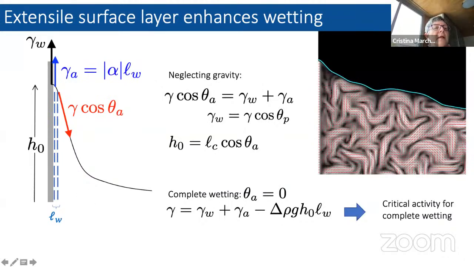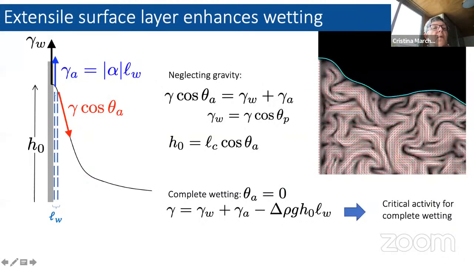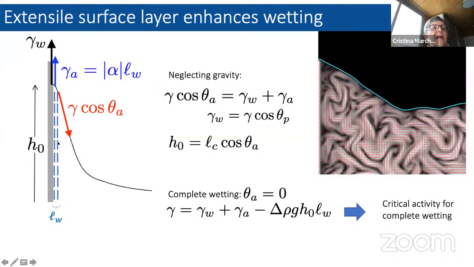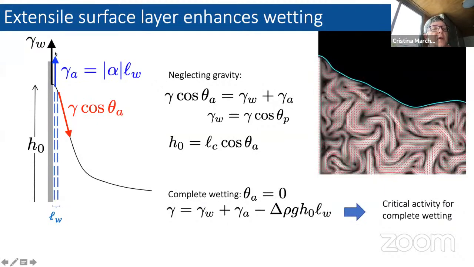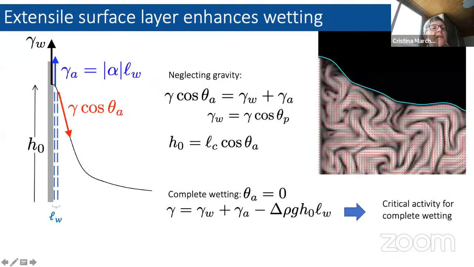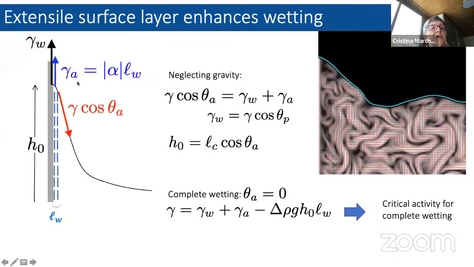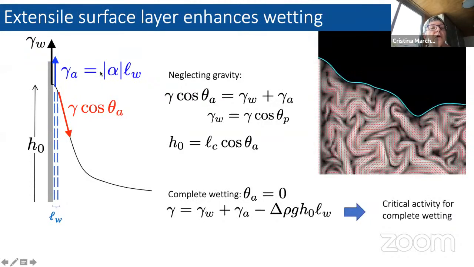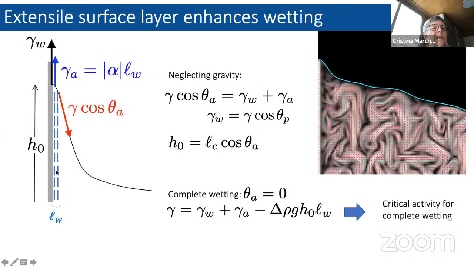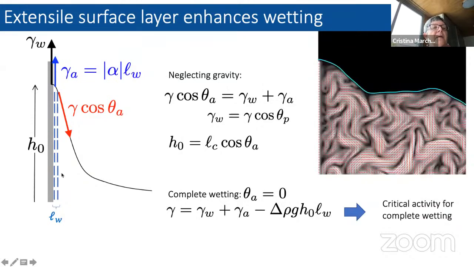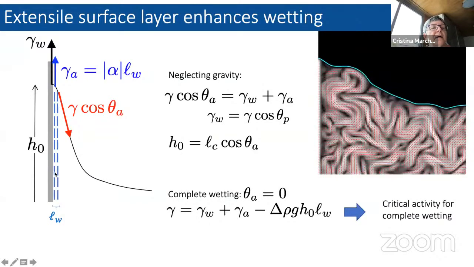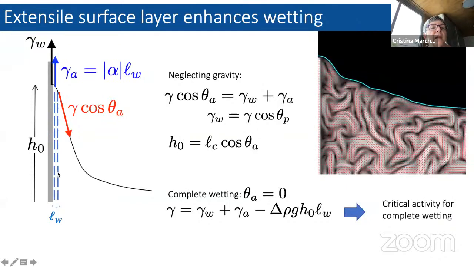And this thin layer aligned with the walls will cause extensile active stresses that will push up the interface. So it's as if there was an additional tension that I call gamma A, proportional to activity and to the thickness, which is a parameter here, of this aligned region near the wall.